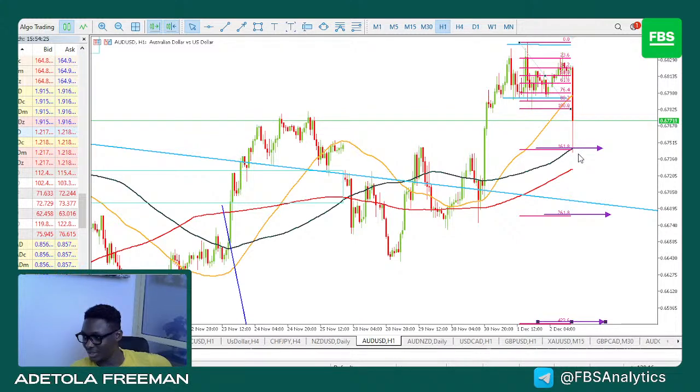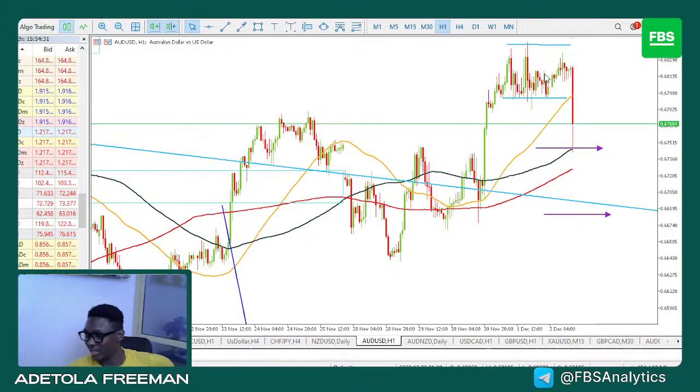AUDUSD, as you can see, AUDUSD hits TP1. It's currently retracing. So let's see if we can find an entry on AUDUSD.